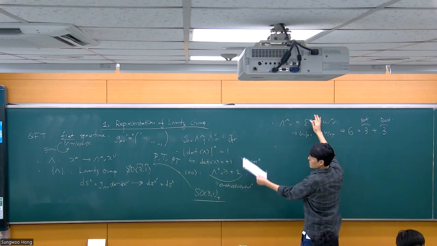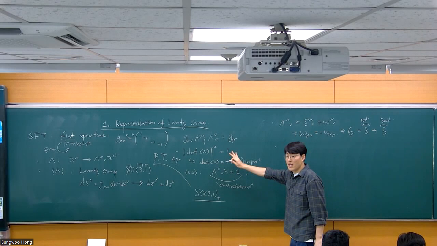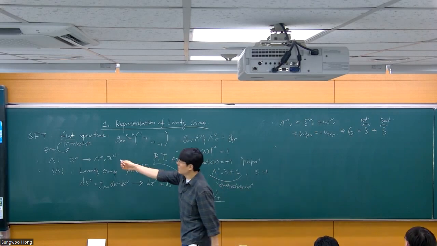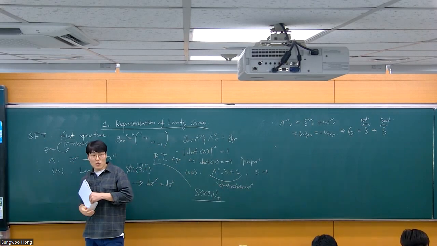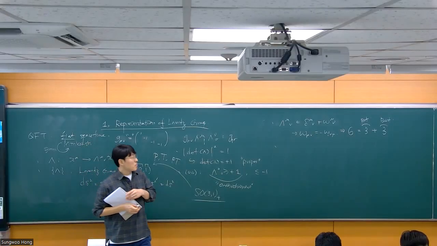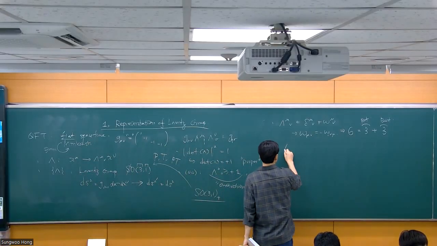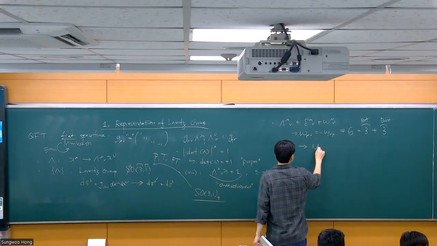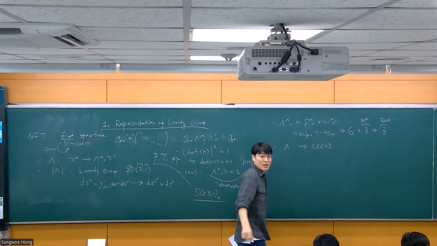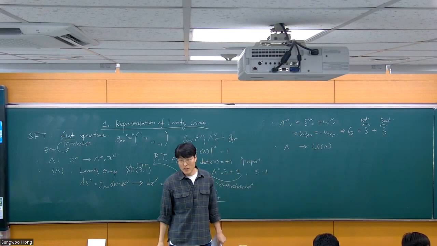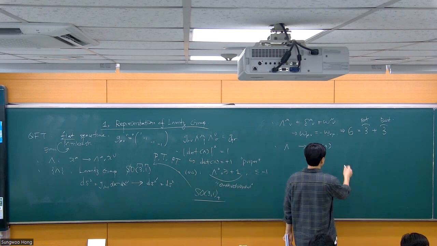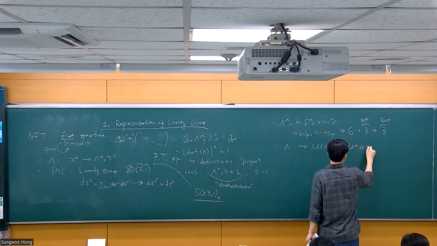Now, so far, this is about the Lorentz group, right? But we want to do the quantum field theory that realizes this symmetry. That means that for each lambda, we want to have a unitary operator that acts on the Hilbert space of the quantum field theory, right? So this is unitary because we want to do quantum mechanics.